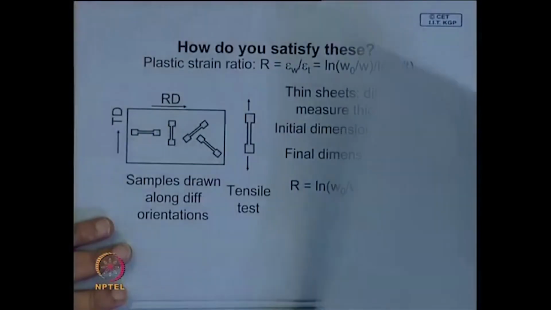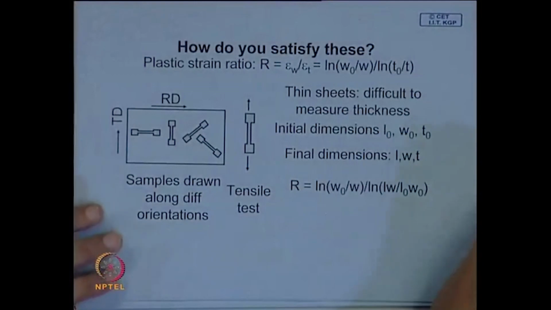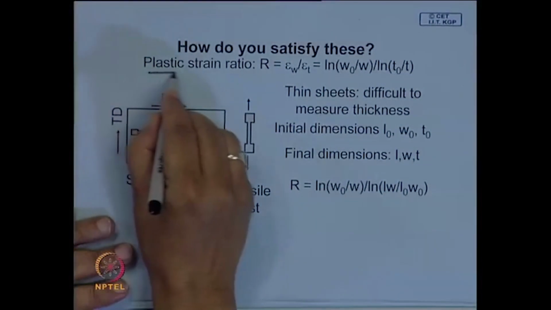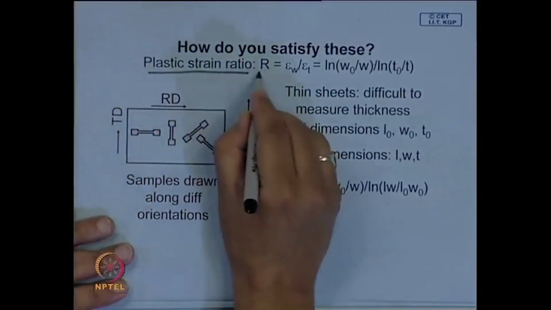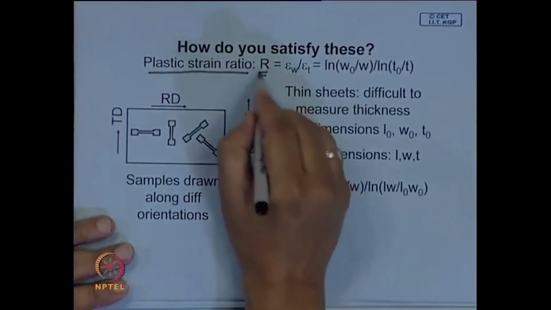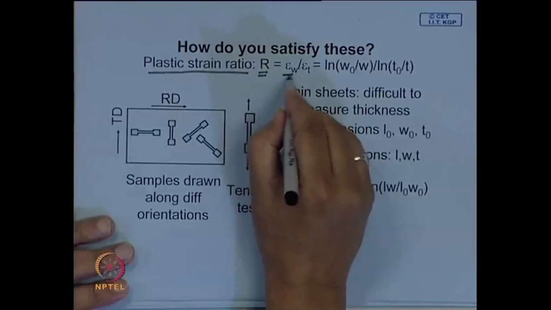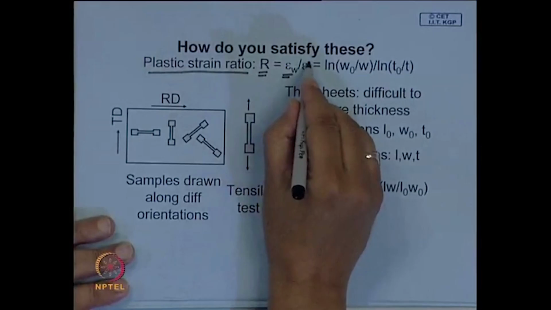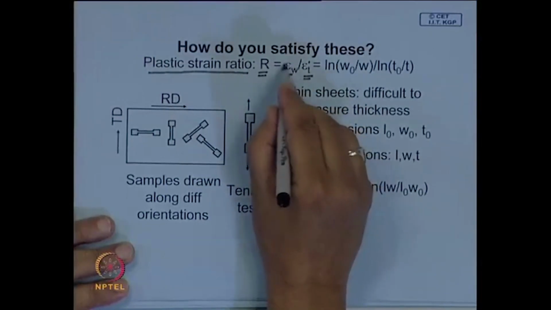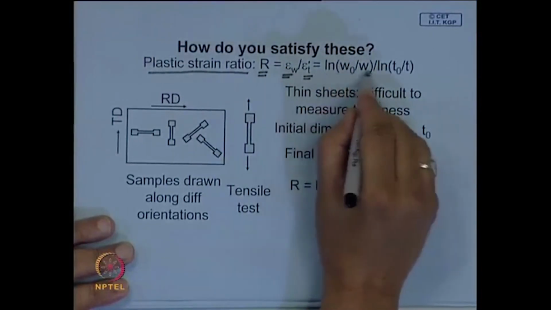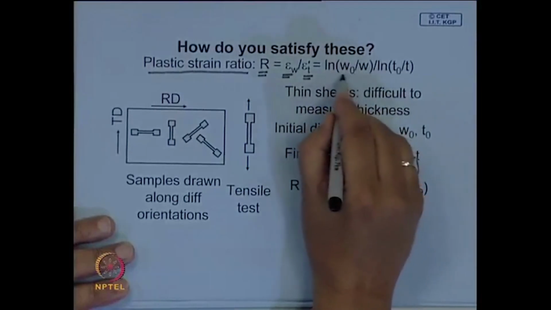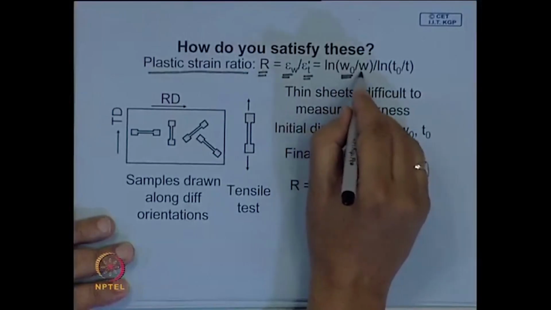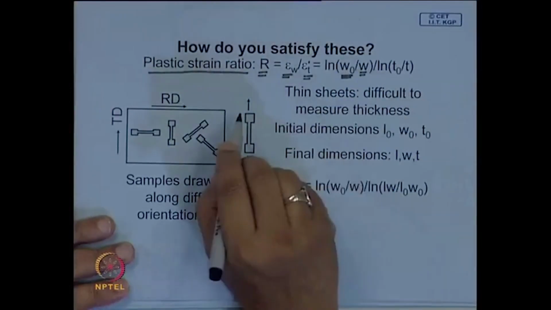So, the question then comes, how do we satisfy this? In that case we need to have a high plastic strain ratio. We said, what is this plastic strain ratio? Strain in the width direction over strain in the thickness direction; this should be as low as possible and this should be high. And this is how you determine this. This is the width before deformation, this is the width after deformation.